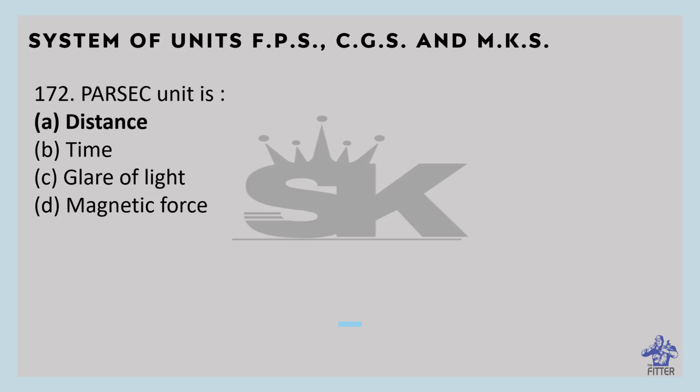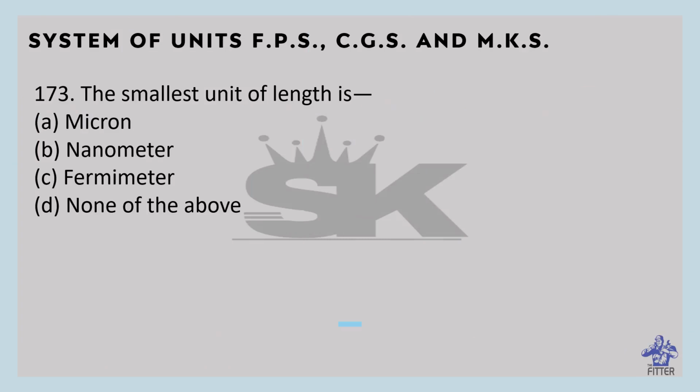One parsec equals 3.26 light years. The smallest unit of length. Micron here is 10 to the power of minus 6, and nanometer is 10 to the power of minus 9, and fermimeter is 10 to the power of minus 15.